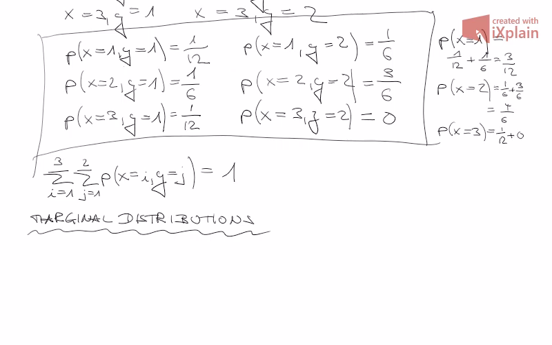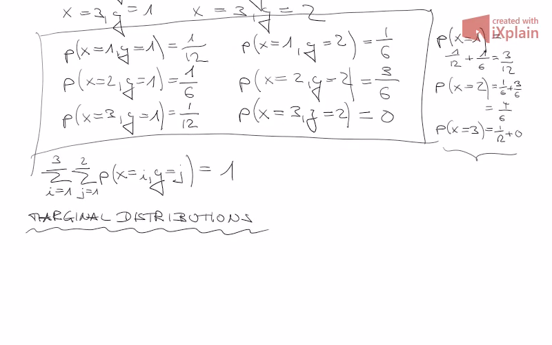Now, if the magic is supposed to work, then this should also be a probability distribution, which means that it's normalized, so the numbers should add up to 1.